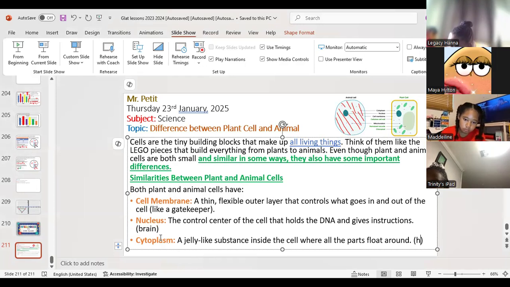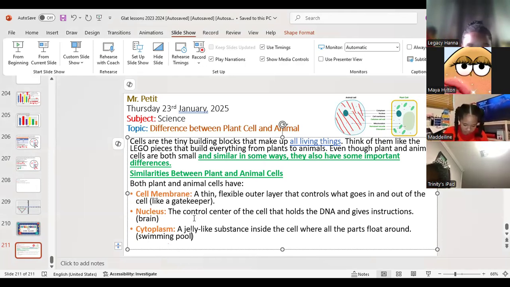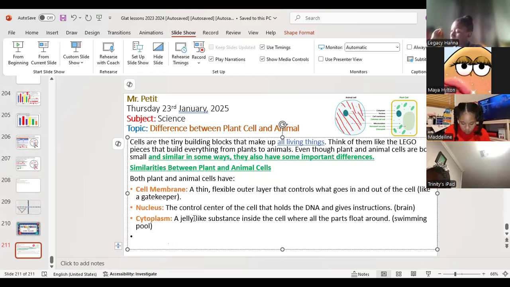I like that. I was just thinking of a swimming pool. I think that's a better way to describe it. The pictures over there look like swimming pools with dirt in them. That's a good point. And rocks. So all of the substances are going to be inside the swimming pool, and the swimming pool is basically the cytoplasm.